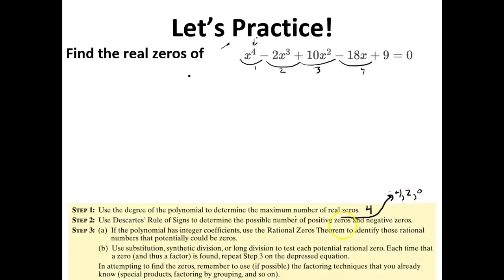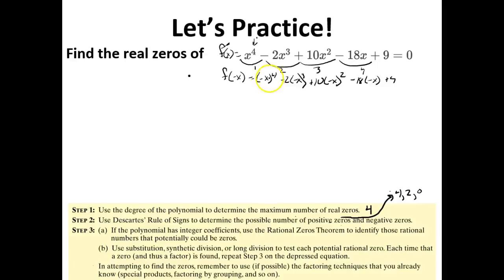To find the possible number of negative zeros, we have to do f of negative x, which is going to be equal to negative x to the 4th minus 2 times negative x to the 3rd plus 10 times negative x squared minus 18 times negative x plus 9.